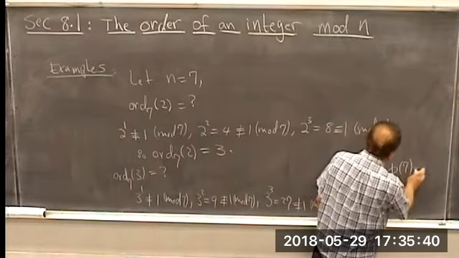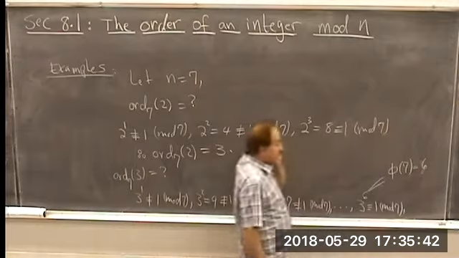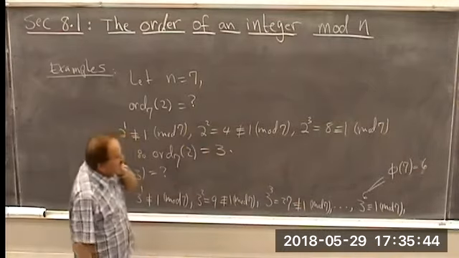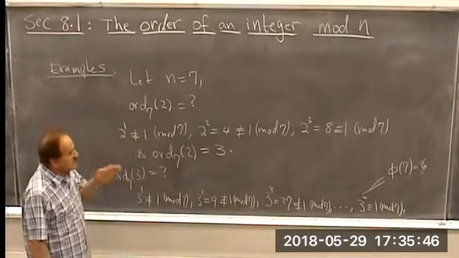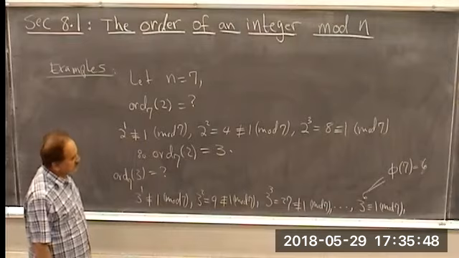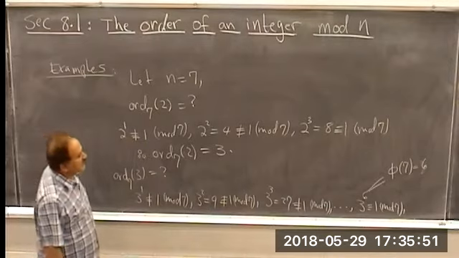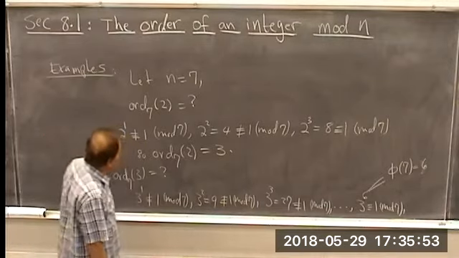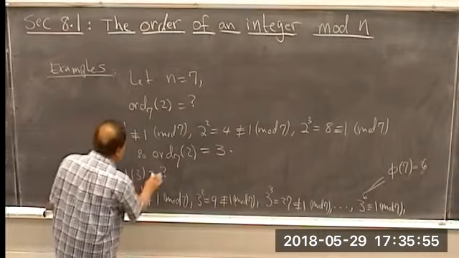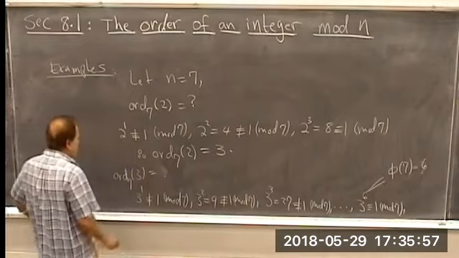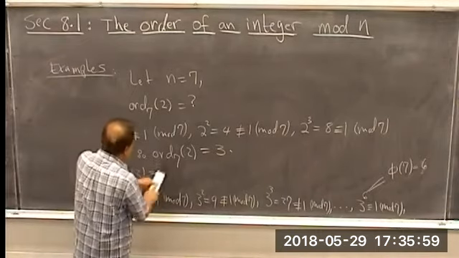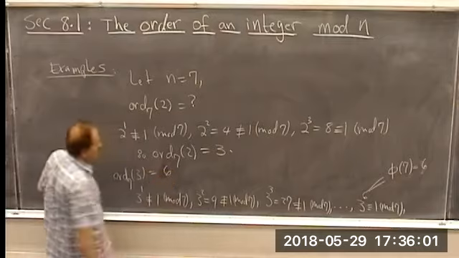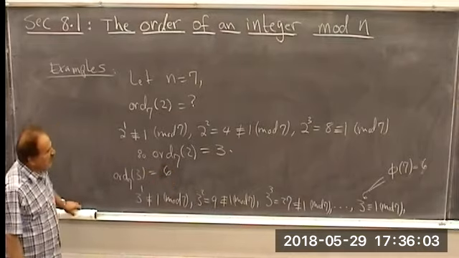So the smallest exponent happens to be phi of 7, which is guaranteed by Euler's theorem to be congruent to 1. So in this case, the order of 3 mod 7 is going to be equal to 6. So this is kind of the largest.